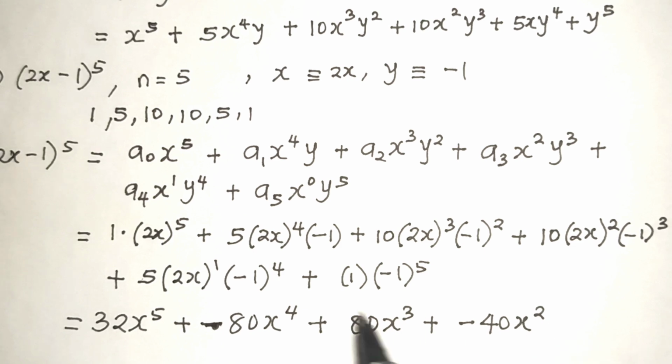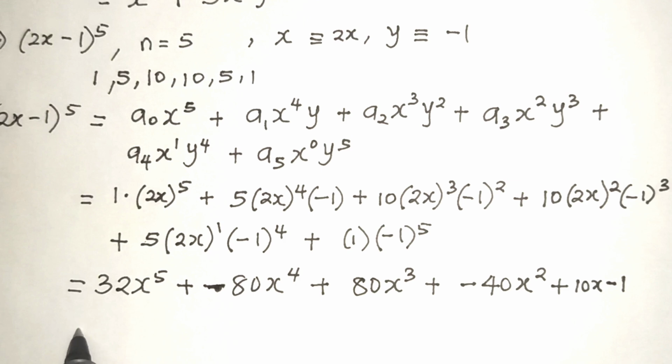Plus the next term here gives (-1) to the power 4 is 1. 1 times 2x times 5 will give us 10x. Then the last term is 1 times (-1) to the power 5. (-1) to the power 5 is -1.